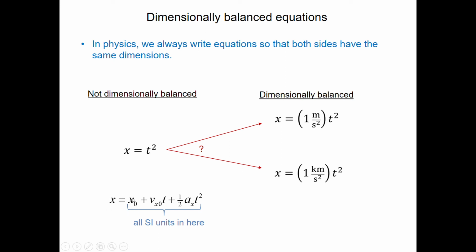If I plug in x0 in meters, and I plug in vx0, we'll find out the units for that are meters per second in SI units, t in seconds, ax in meters per second squared, and t in seconds. If I put all SI units on this side, I know I'm going to get the same dimension quantity.